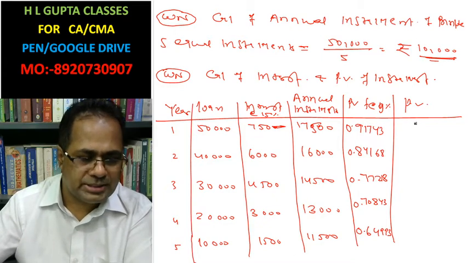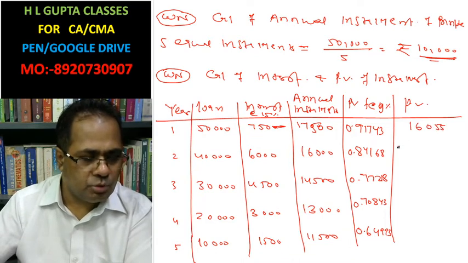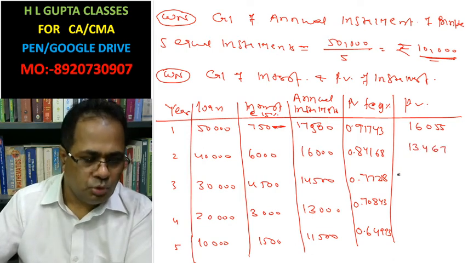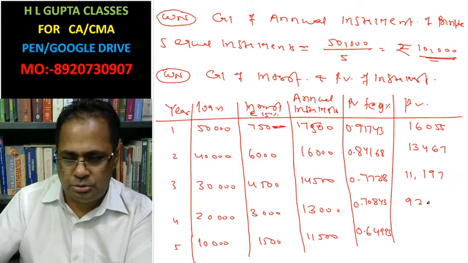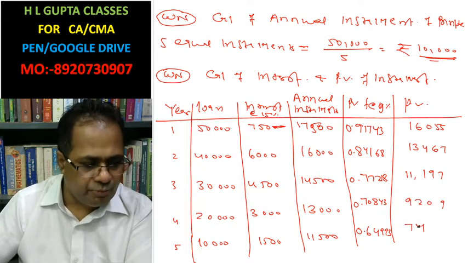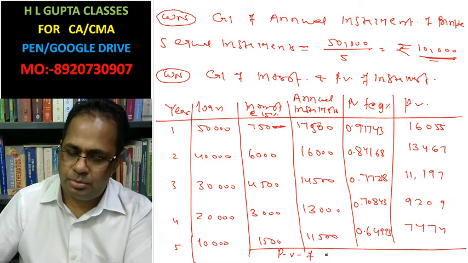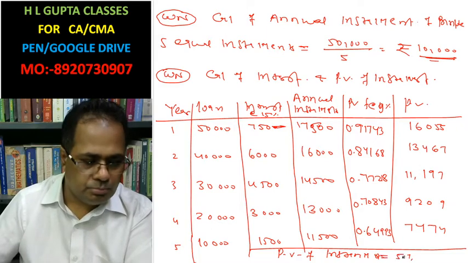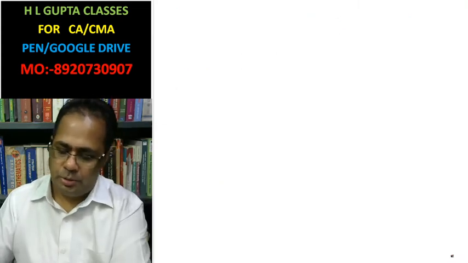Present value: 16,055, 13,467, 11,197, 9,209, 7,474. The present value of the loan installment is 57,402. Now the present value of tax saving on depreciation and interest.